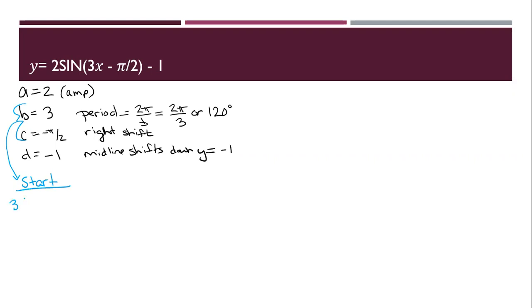So I'm going to take 3x minus pi over 2, that's the bx plus or minus c part, and set it equal to 0 so I can get my new starting point. Normally in school years, we make you work in radians and stick to all these fractions.